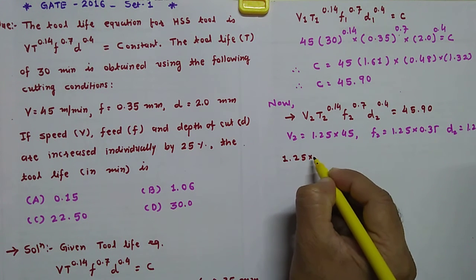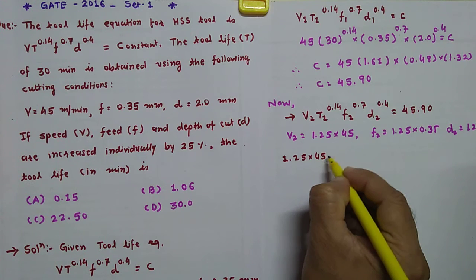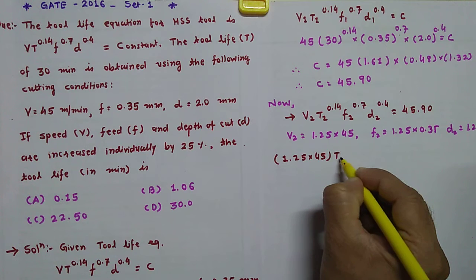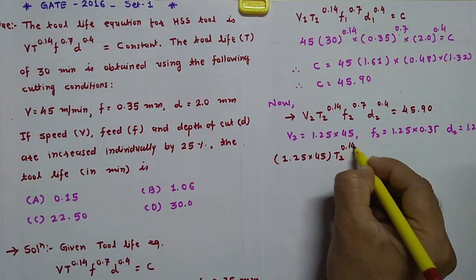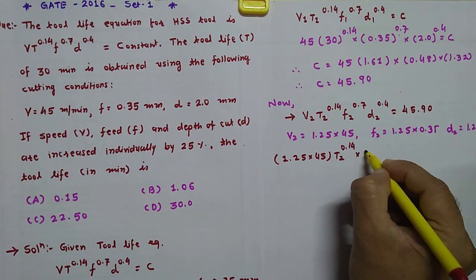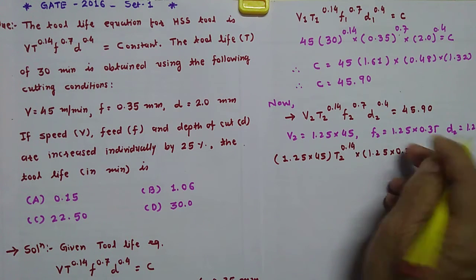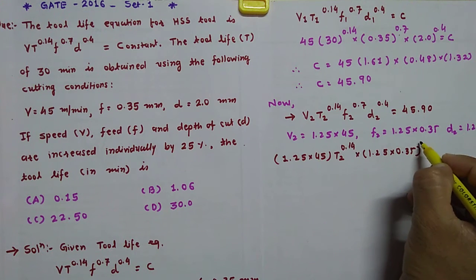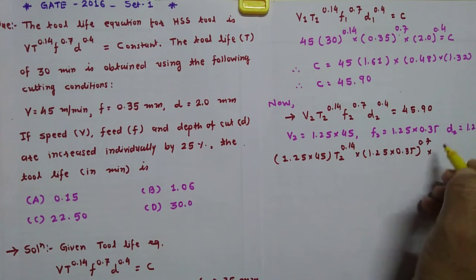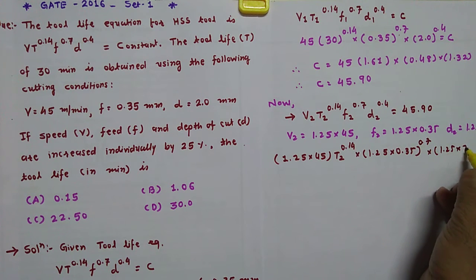So we get 1.25 into 45 into T2^0.14, then 1.25 into 0.35, the value of feed, raised to 0.7, and the value of depth of cut, that is 1.25 into 2, raised to 0.4, is equal to C, 45.90.